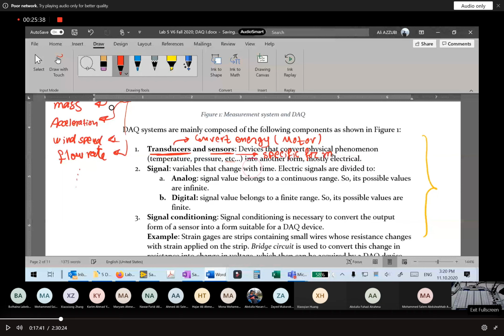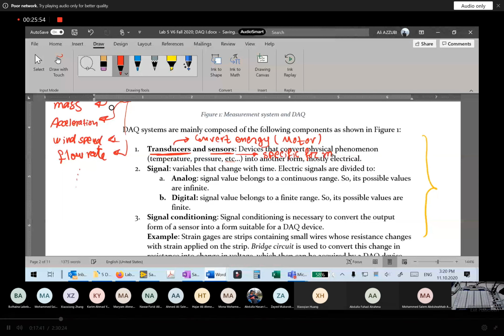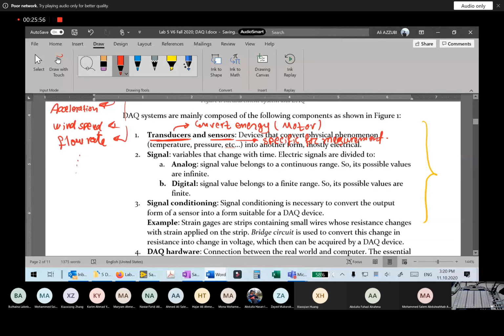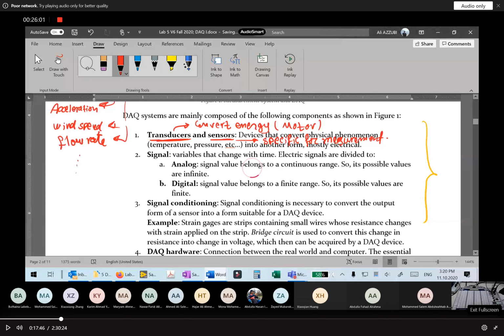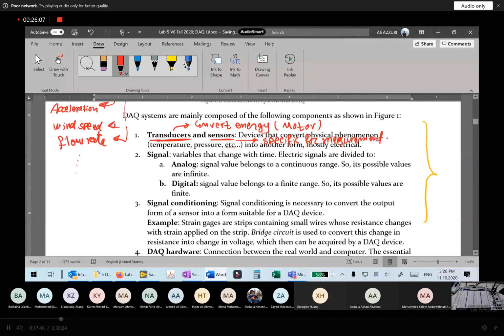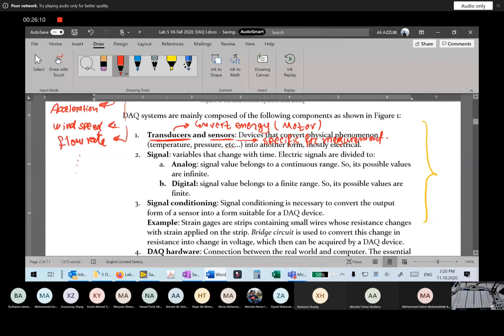This is just general literature for you. So transducers and sensors are not the same thing. This is number one.